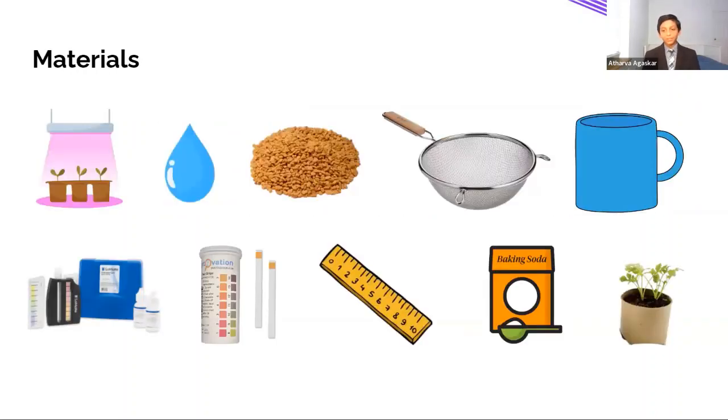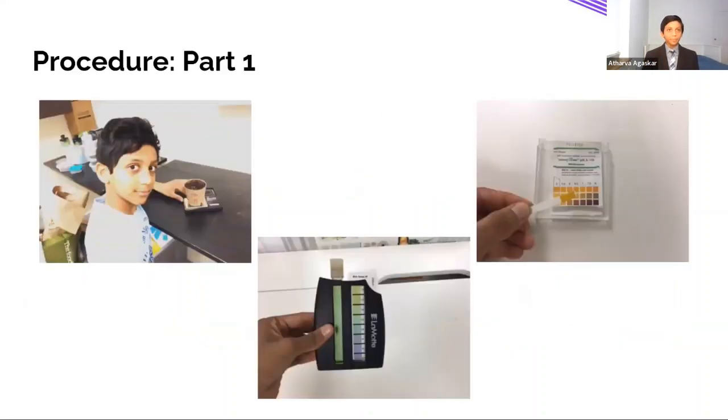The materials I used for my project are weighing scale, cardboard planters, soil, lemon juice, which is a pH reducer, baking soda, which is a pH increaser, a ruler, a precision pH test kit, pH testing strip, water, a strainer, a cup, fenugreek seeds, and an indoor plant growing light.